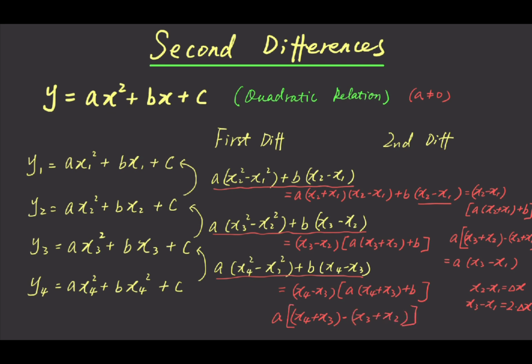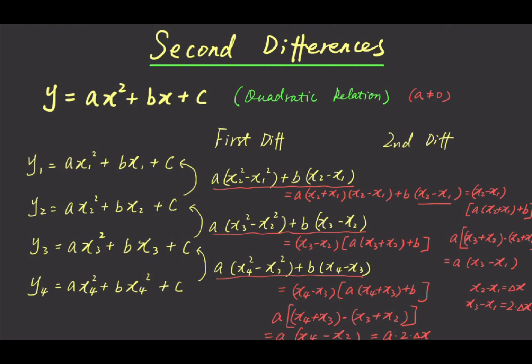So after reorganizing the difference, we get x4 minus x2. Here, this x3 and this x3 cancel out with each other. So the difference is just x4 minus x2. It is also a times 2 times delta x, because x changes from x2 to x3 to x4.